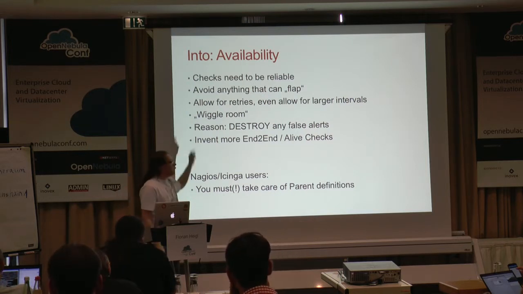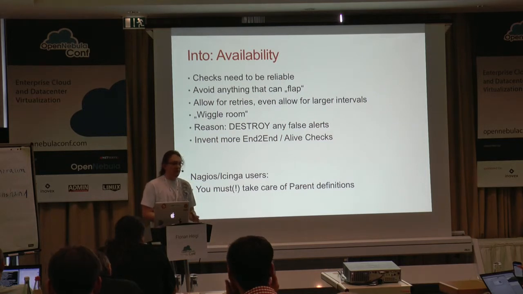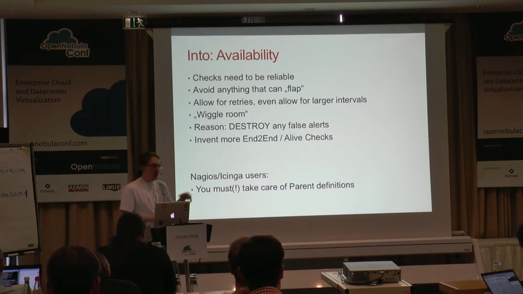I will also give wiggle room. Sometimes your network just does weird stuff and you lose a packet or something. Well, it's bad, and you need to monitor the network, and you need to know there's a problem, but you don't need to be told the server is down just because a packet was lost. So if you check the servers, give enough retries to get a real valid result.